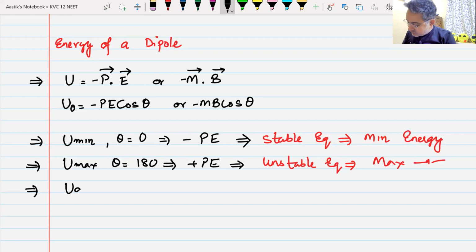Energy at 90 degrees is 0. But 90 degrees is not known as stable or unstable equilibrium. 90 degrees is 90 degrees. 0 degrees is known as stable equilibrium, and 180 degrees is known as unstable equilibrium. You can draw this diagram if you want to for both these dipoles.